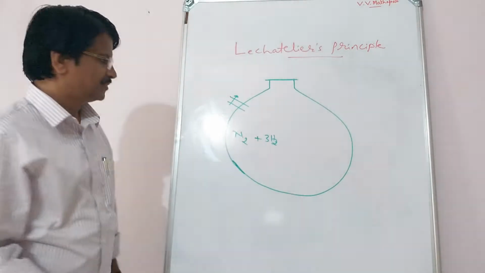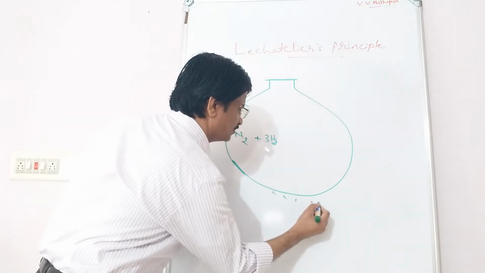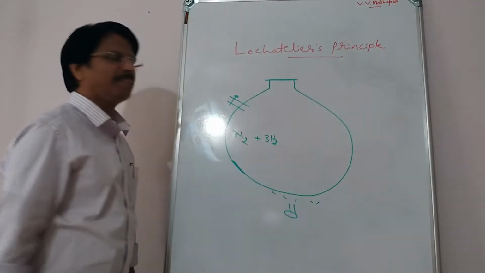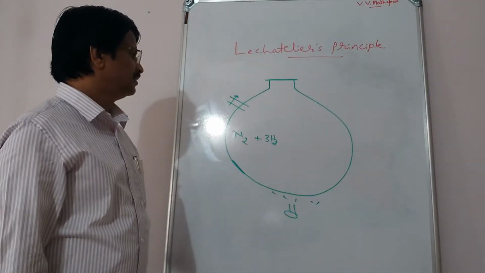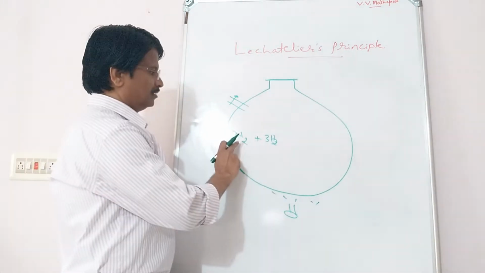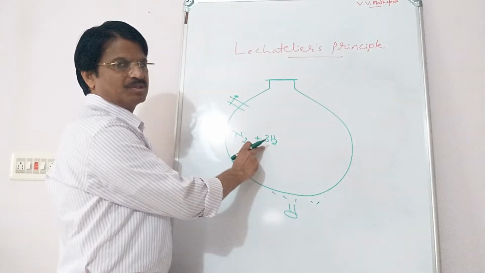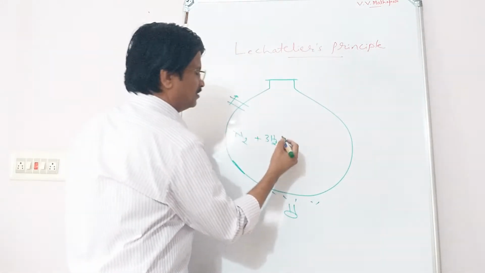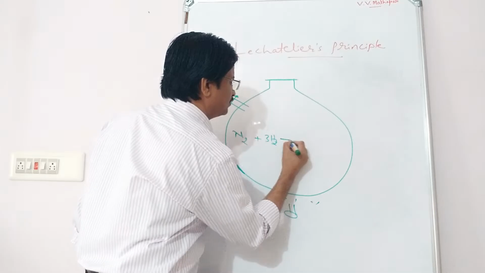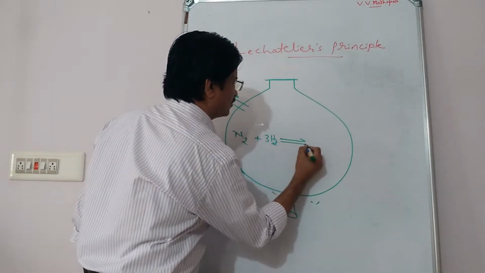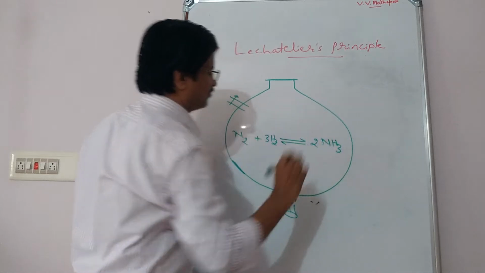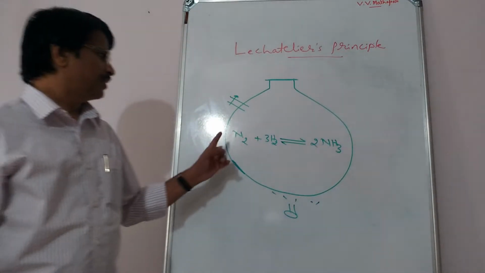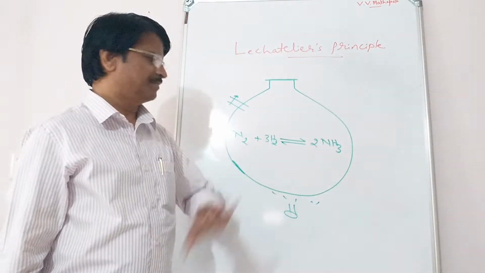Nitrogen and hydrogen are heated at a constant temperature. Then nitrogen and hydrogen combine in the closed vessel, and they can form ammonia.